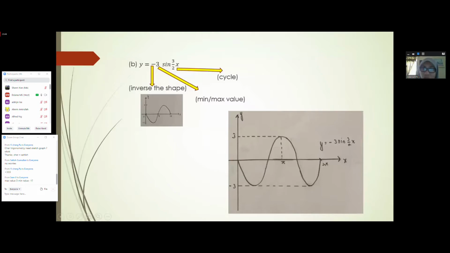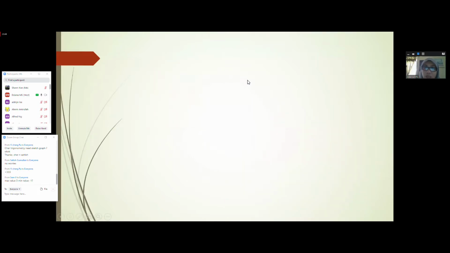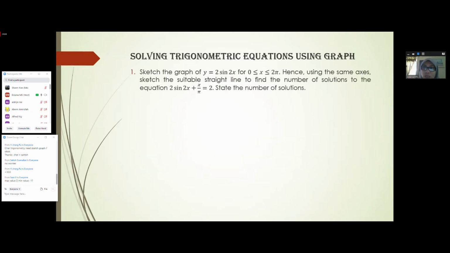But the question is not only like this. Okay. This should be the type of question. You have to solve trigonometric equations using graph. Example of the question is like this.